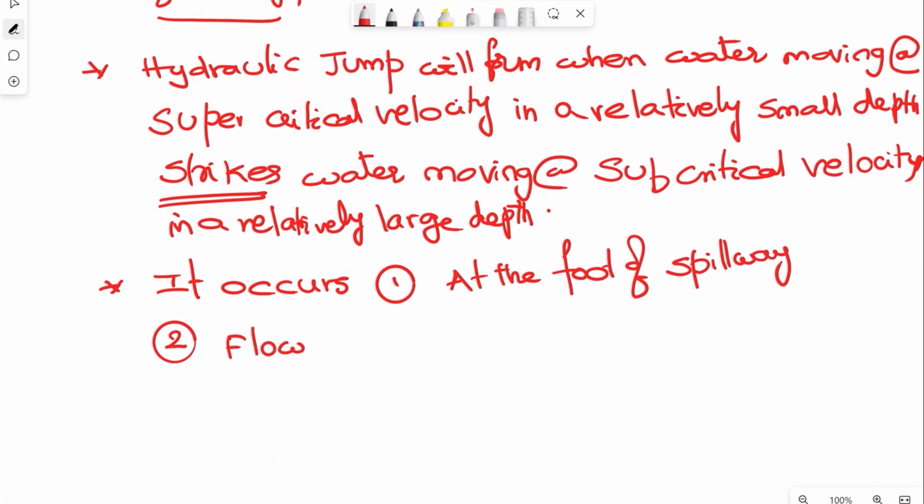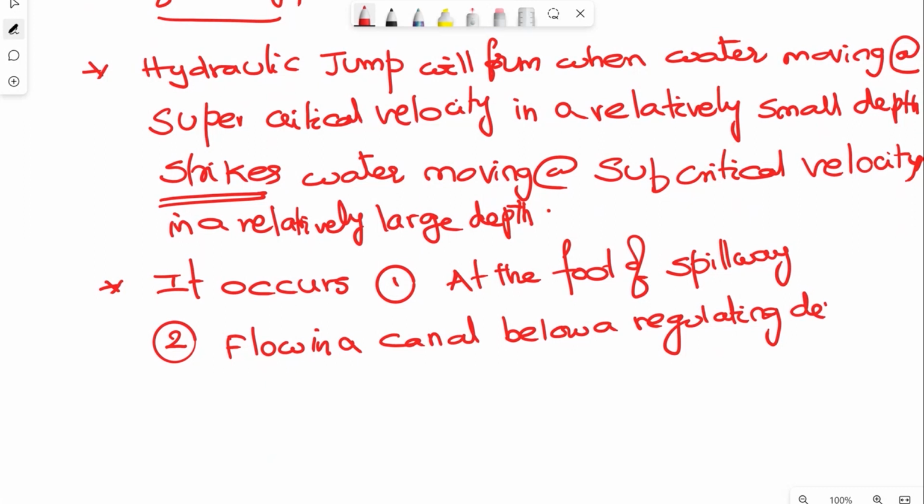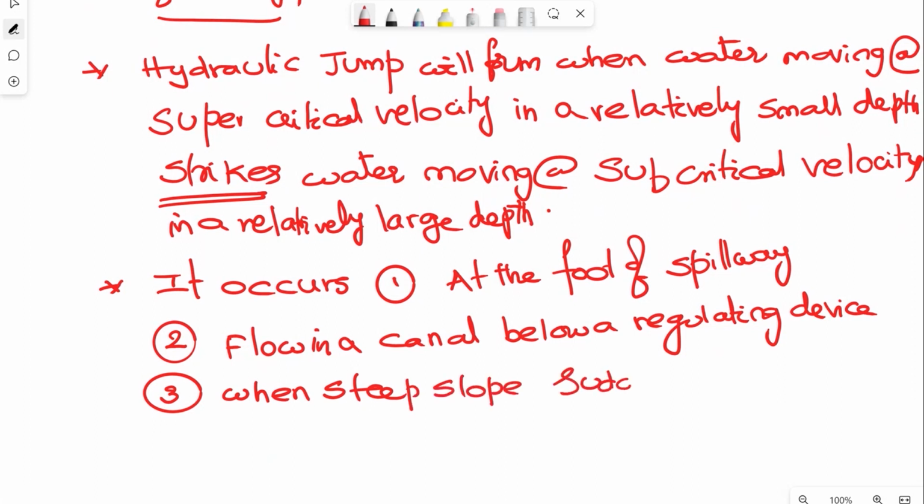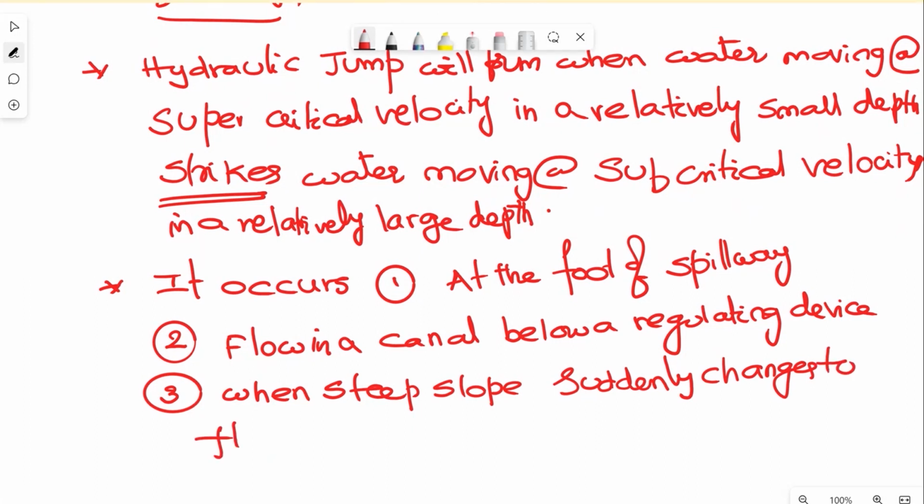Then flow in a canal below a regulating device, when a steep slope suddenly changes to a flat slope.